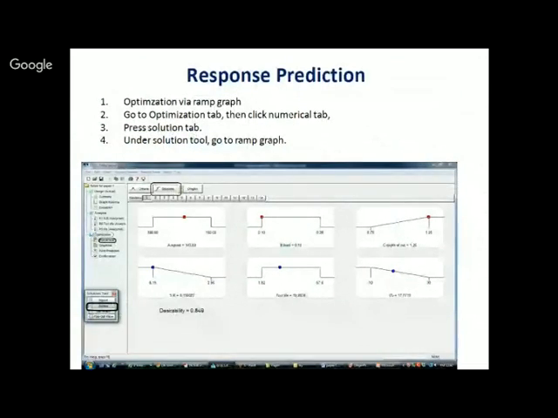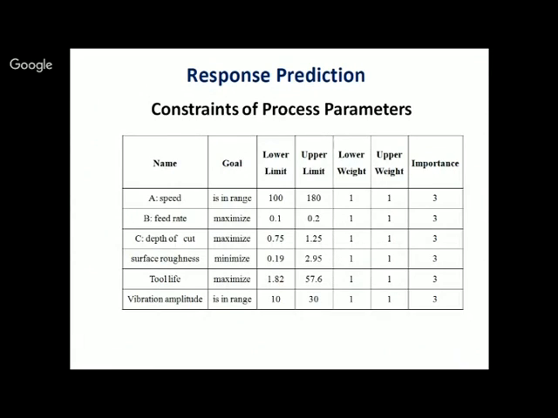And this last one is about whether your solution is optimized, how to optimize that solution. For optimization solutions, you go for a ramp graph. By giving, for example, speed, feed, and depth of cut, you have to keep your speed in range, feed maximum, depth of cut minimum, and for the objective, surface roughness, you have to give minimum, and the maximum in the range.